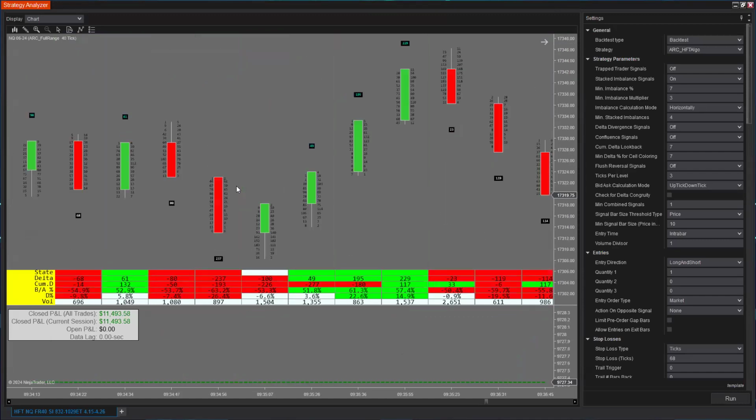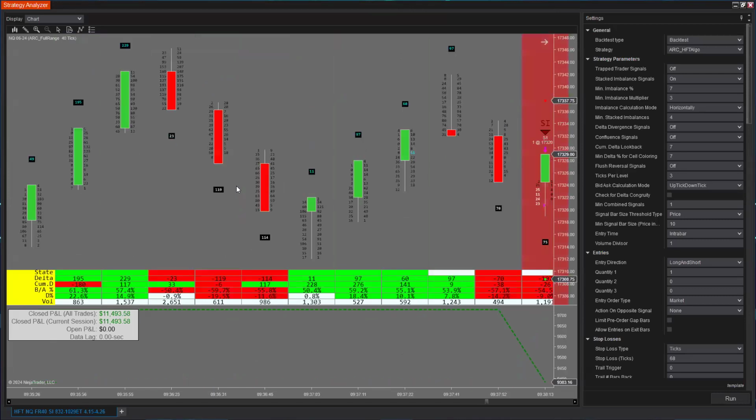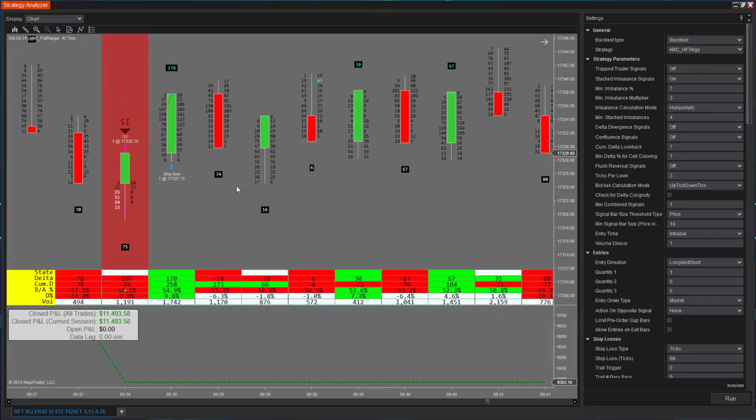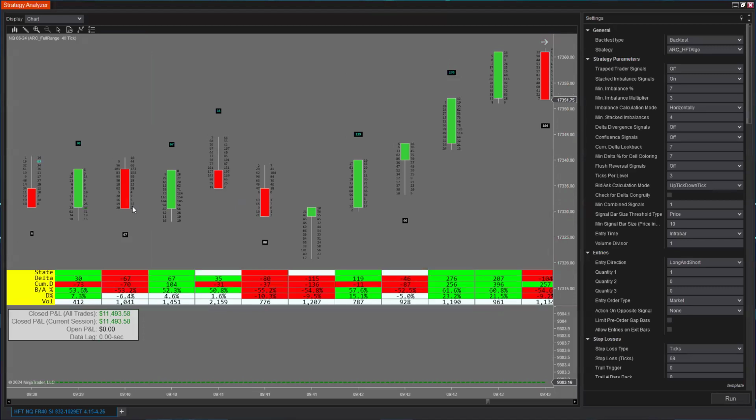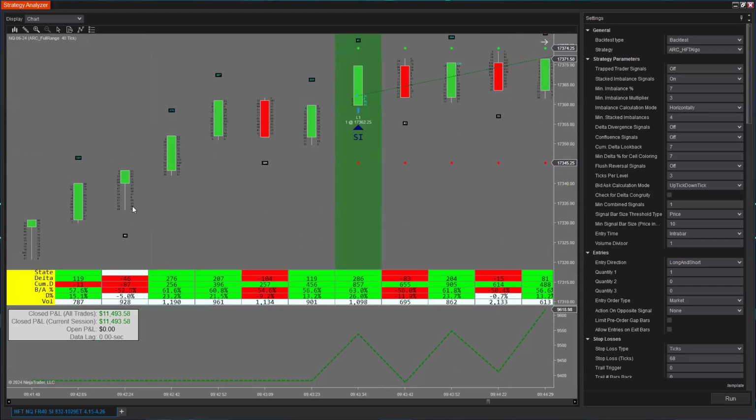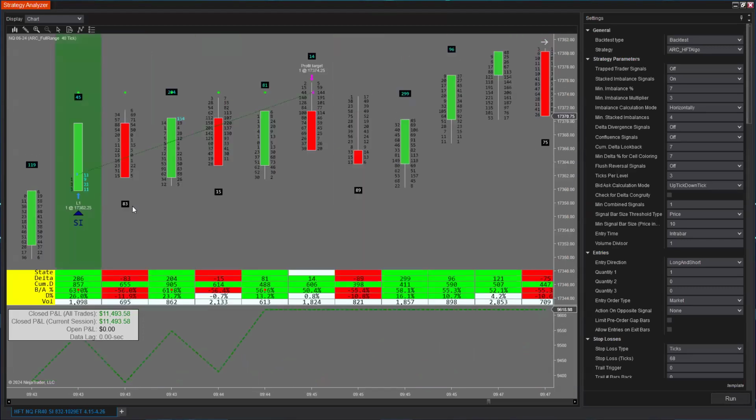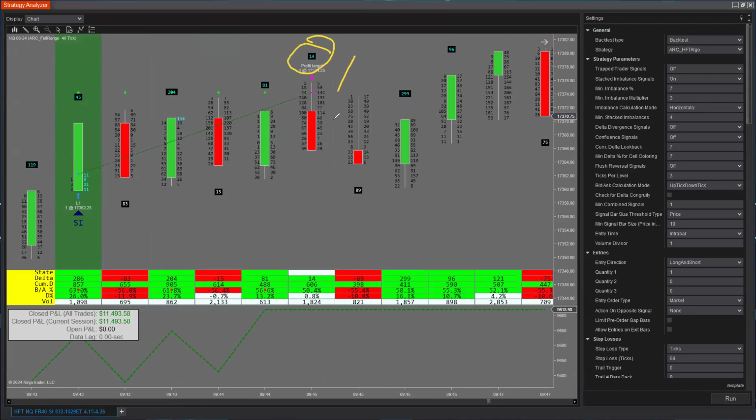Let's look at another example. So we have price going up, up, up. Here we go. Here's an example. Positive net delta, bearish bar. It's like the two don't go together.